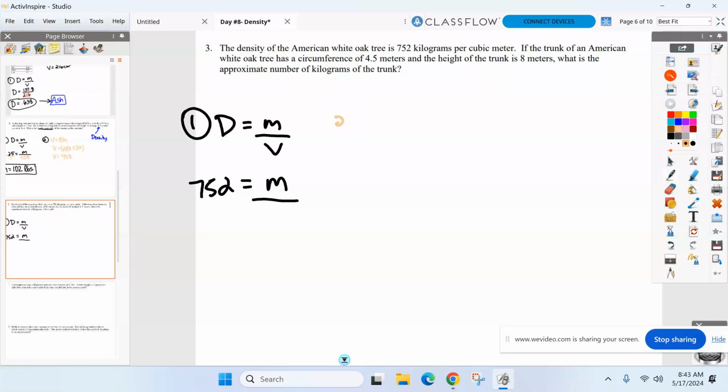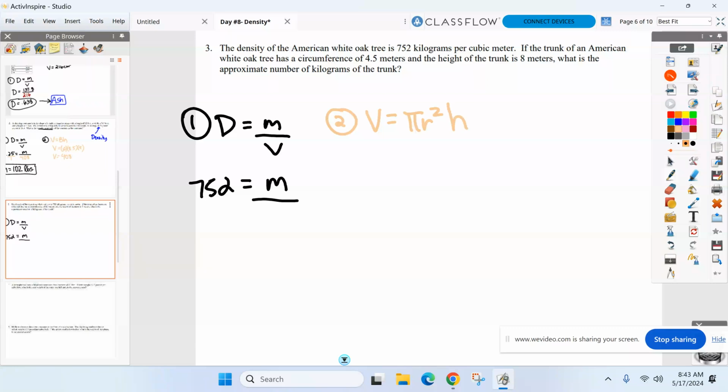First question for everybody: I got to figure out what formula I need. What is this tree here? I'm not going to come out and tell you what the figure is. It's not a rectangular prism this time, but it's going to be a cylinder, right? Tree, cylinder. So I go to my formula sheet. I'm going to find the volume of that tree by doing pi r squared and its height.